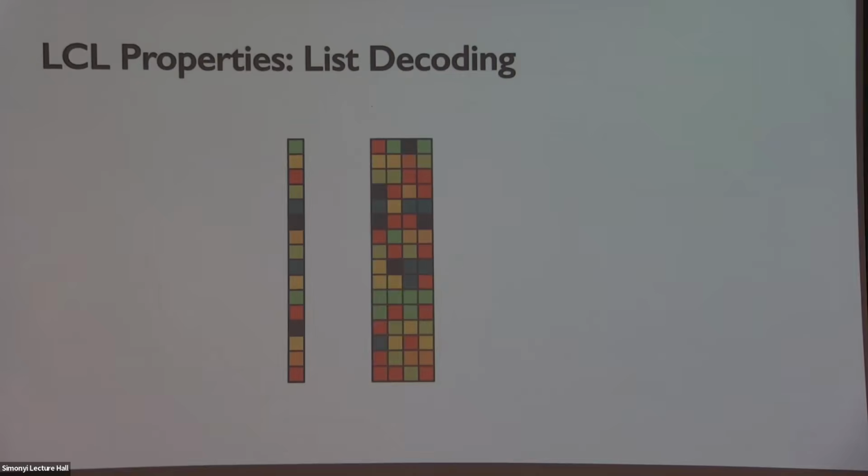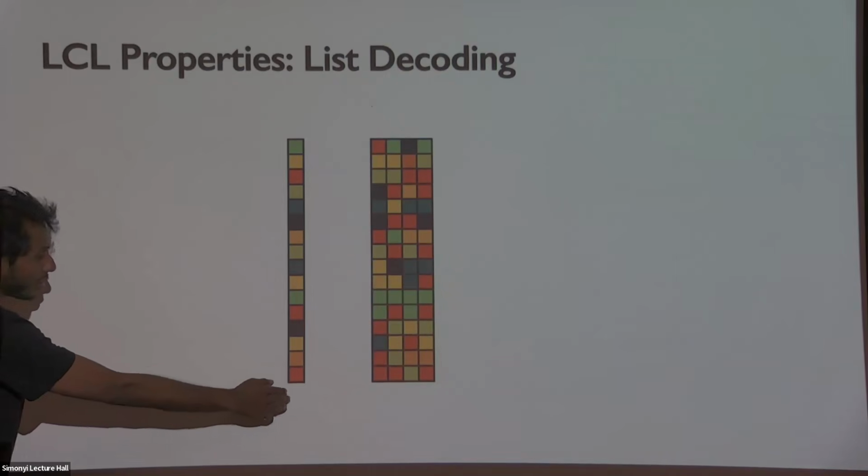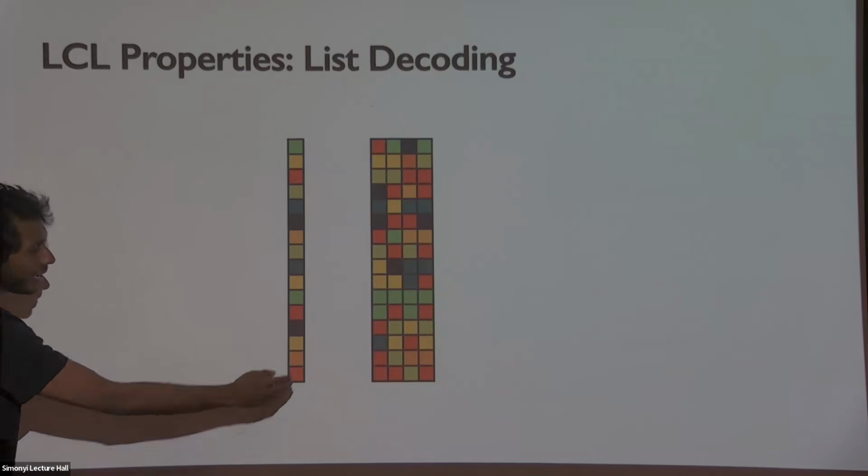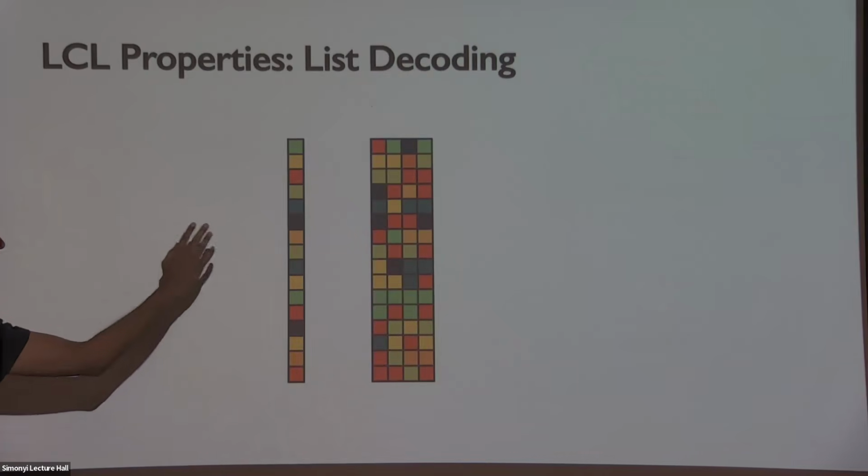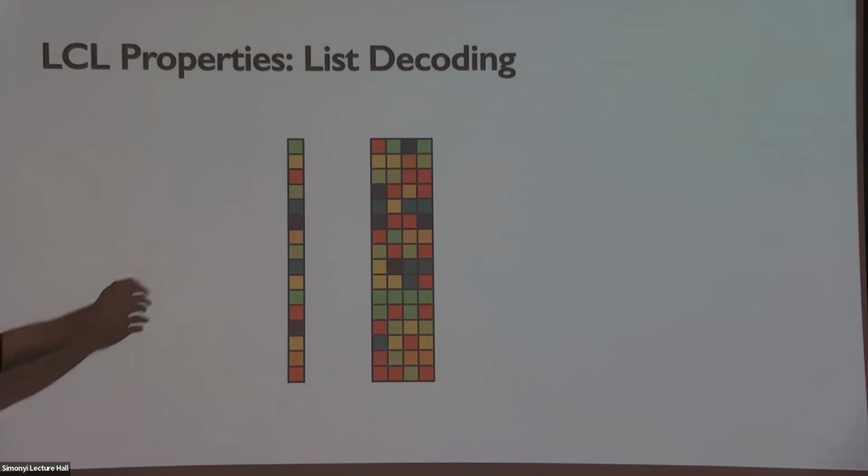So in this slide I'm going to talk about how list decoding can be viewed as an LCL property. If you want (rho, 3) list decoding, what's a bad set of vectors to have? It is one where you have some center vector y and you have 4 vectors which agree a lot with y. That's the bad thing. Now every one of these vectors is agreeing a lot with y.